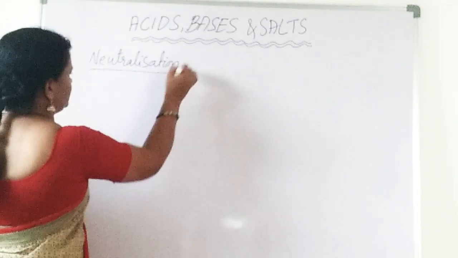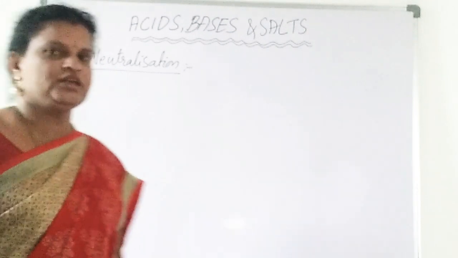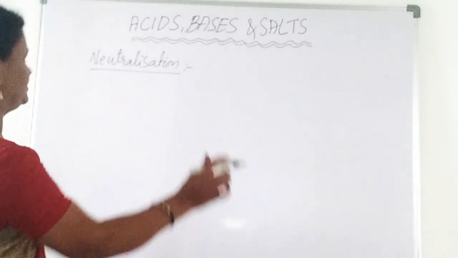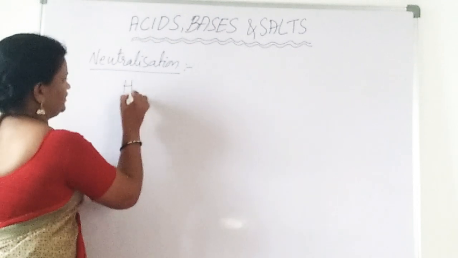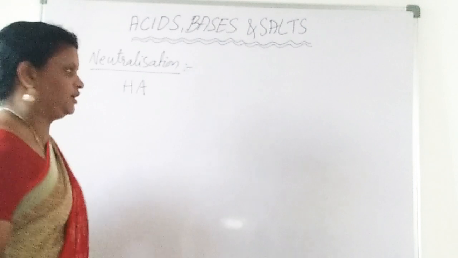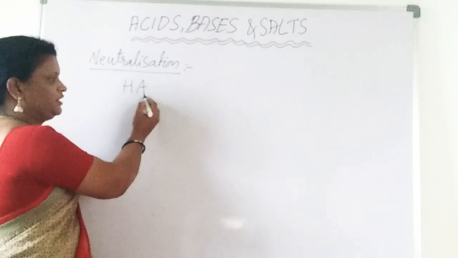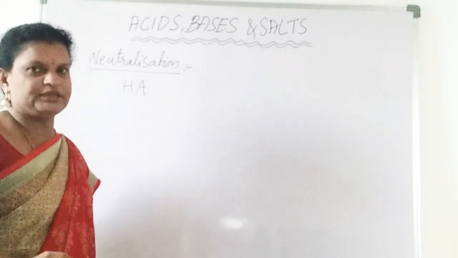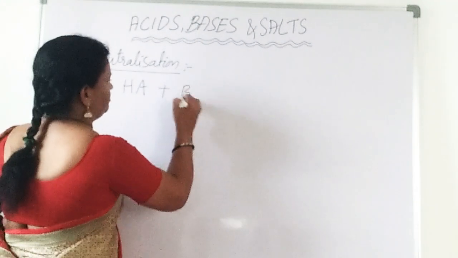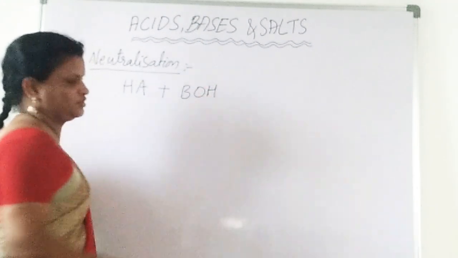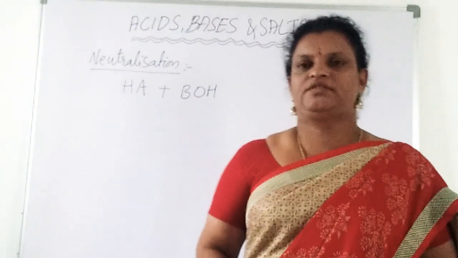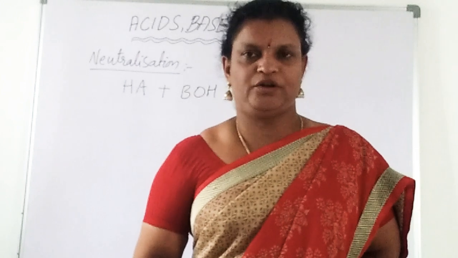So as we have seen earlier that neutralization means nothing but reaction between acid and base. So for writing the general formula of acid, I am writing like this: HA. A means the anion present in the acid and H, hydrogen present in the acid. Along with that, I'll write one more, the base, that is BOH. BOH means nothing but the base. So in our lesson we have seen that bases contain hydroxide ions.